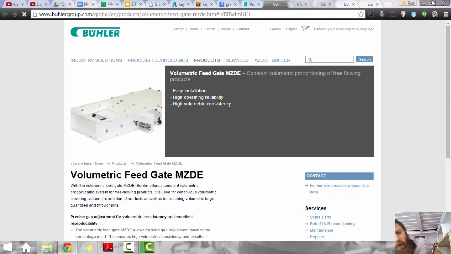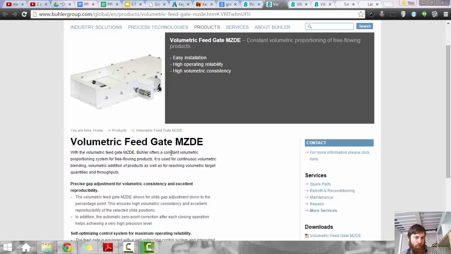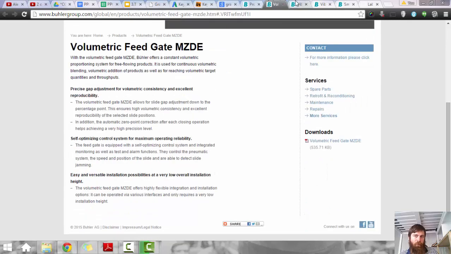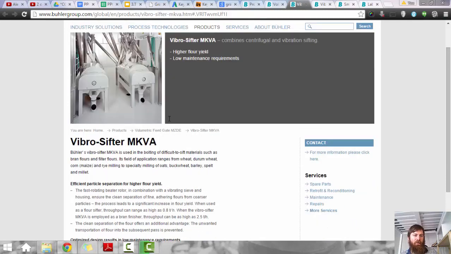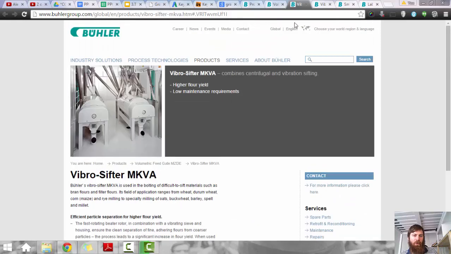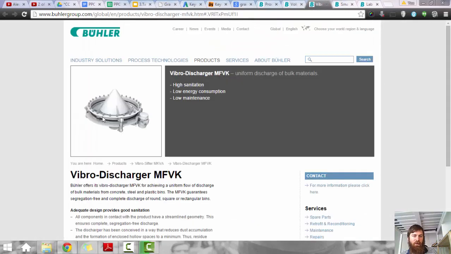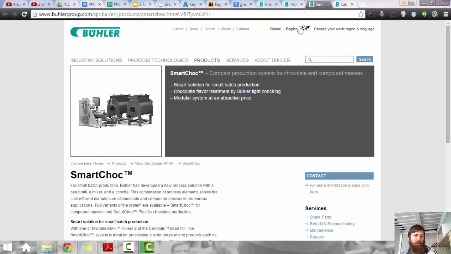Let's just see what some of these products are so we get an idea. This is a feed gate. And higher flower yield. So yeah, this is all for agricultural manufacturing and agricultural supplies and processing, but this is not what we're selling.